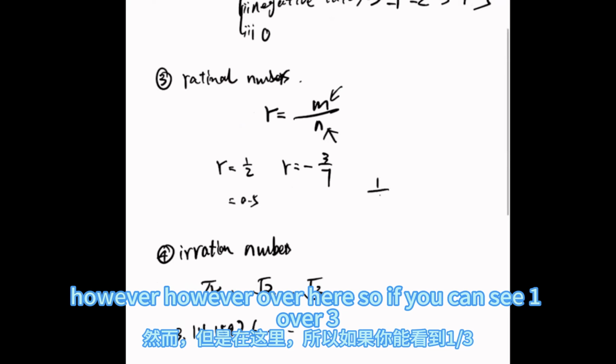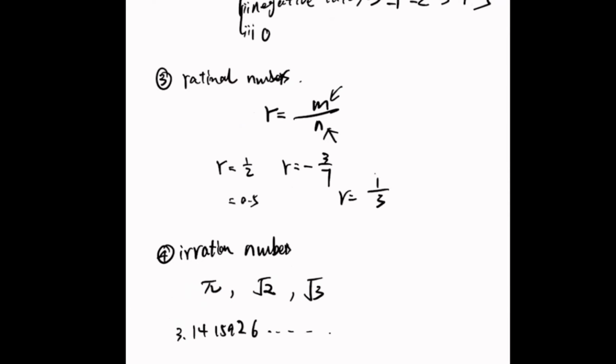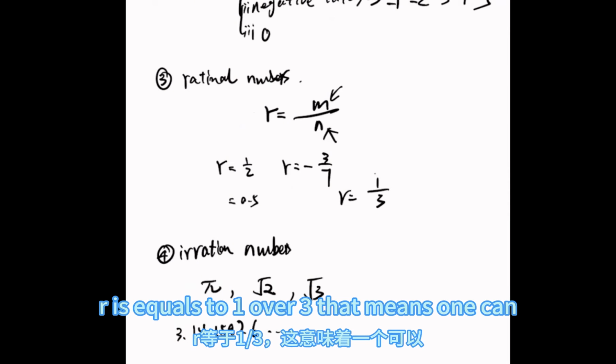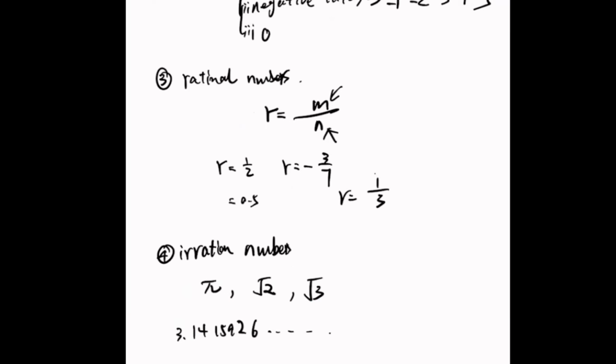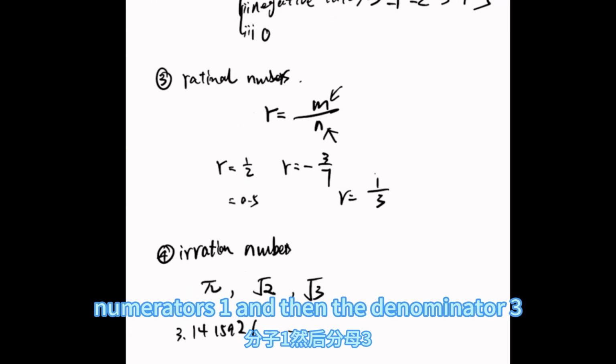However, if you look at 1 over 3, r equals 1 over 3, the numerator is 1 and the denominator is 3.